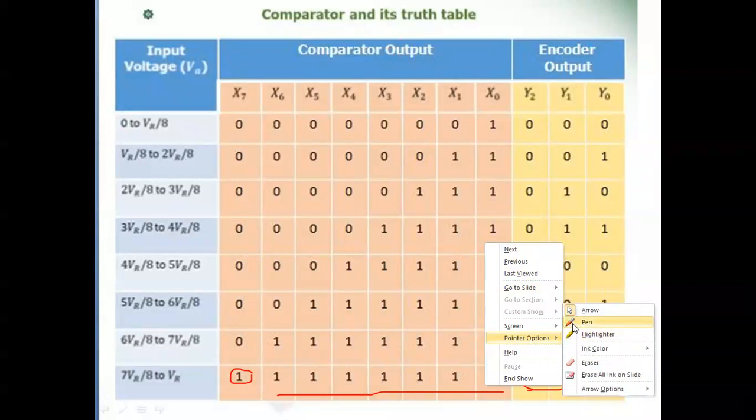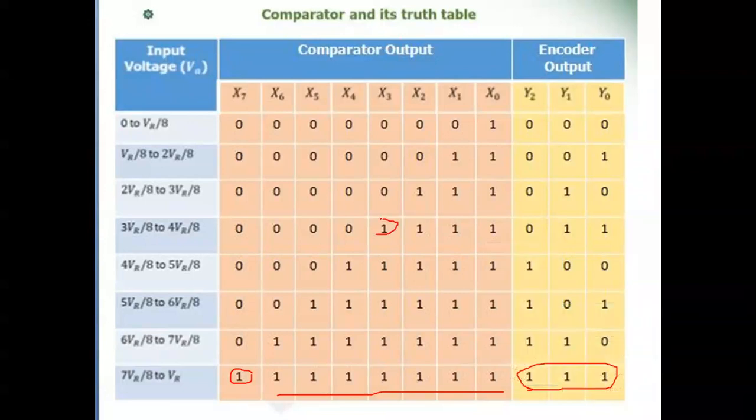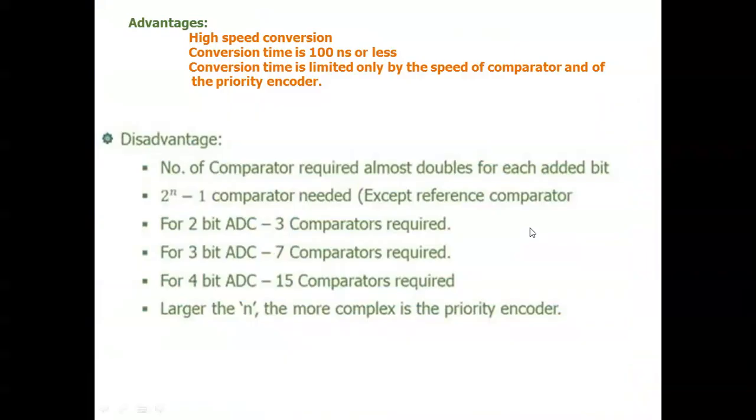The highest priority one gives the binary number as output, for X3, 011. Likewise, the encoder output will be generated, and that particular voltage level is converted into a digital value. This is the operation of the flash type ADC.